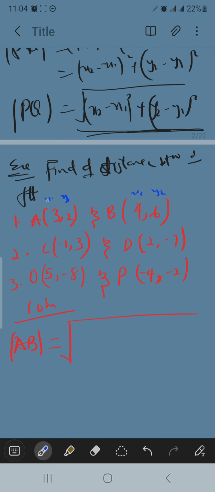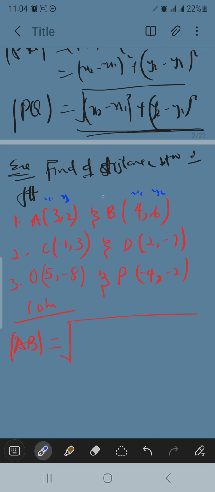It can't be x1, x2. The coordinate must be x, y: x1 y1 x2 y2. You can call it anything, but it must be x, y, x, y. It cannot be x, x, and it can never be y, y. I hope you understand this.